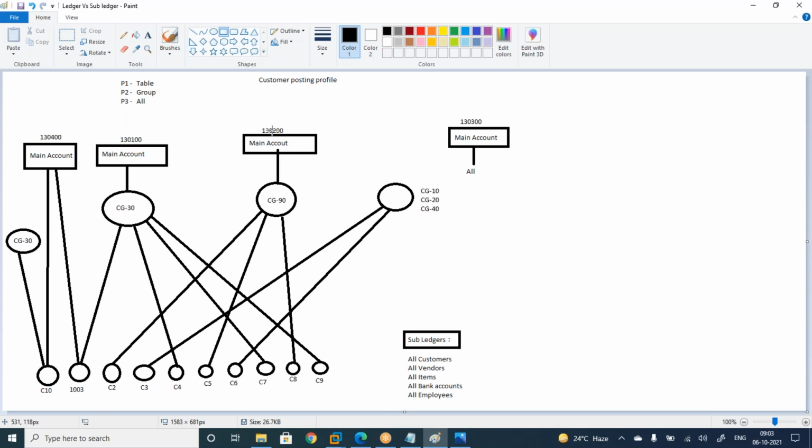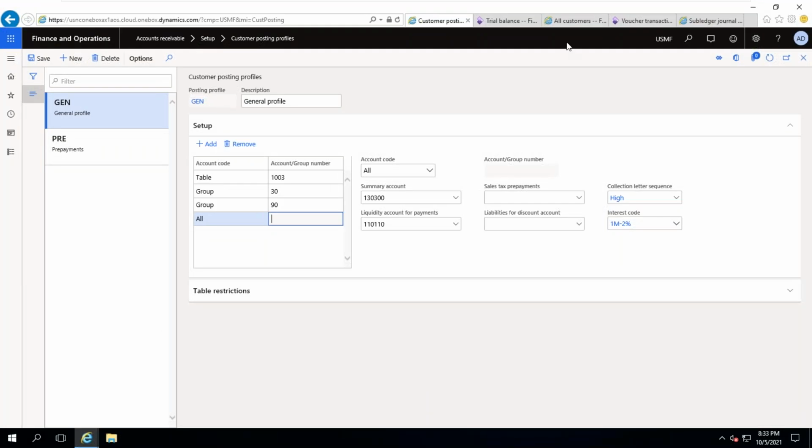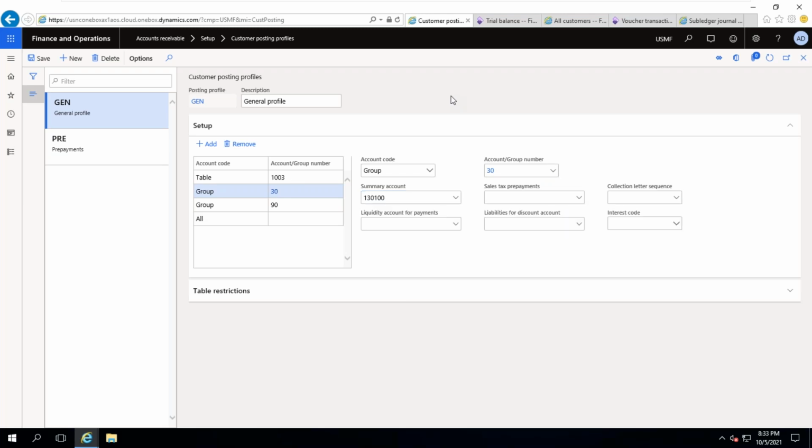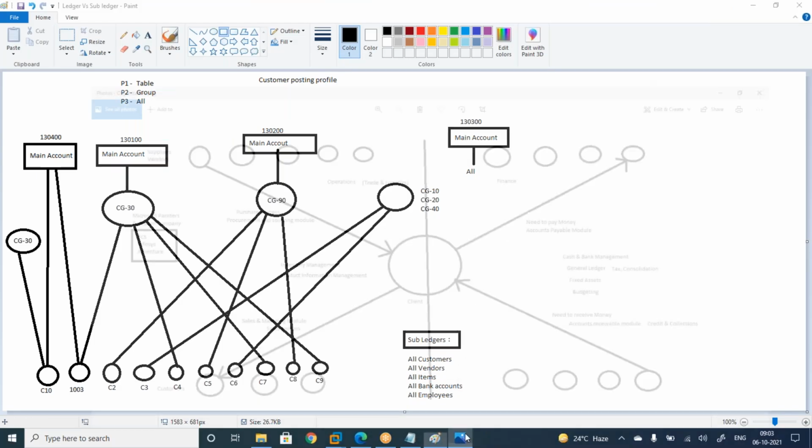In our example, it is domestic customers and international customers, one is domestic, another is international. But I am not the decision maker. Suppose the customer is doing business across India only, then I can create Telangana customers, Karnataka customers, Chennai customers. That is data, and data is not in our control. Business people or accountants will decide. Okay, fine.